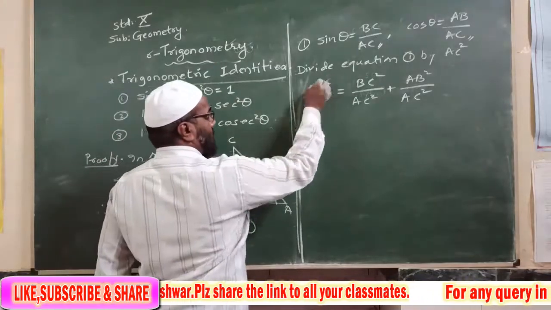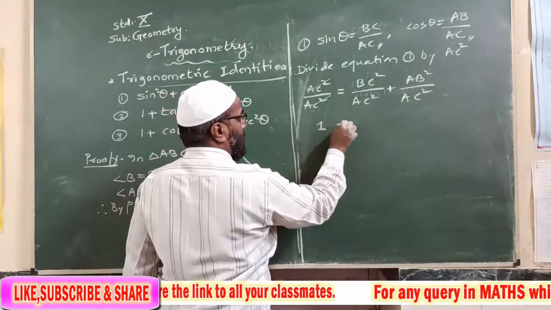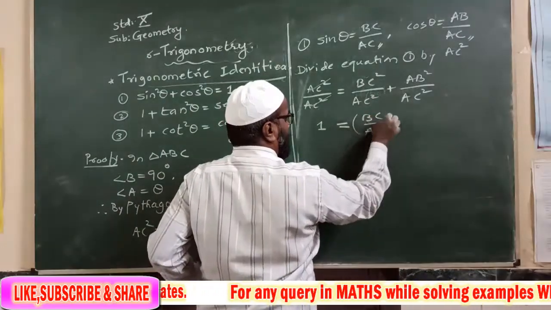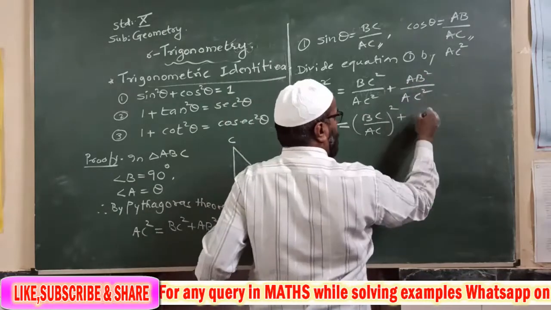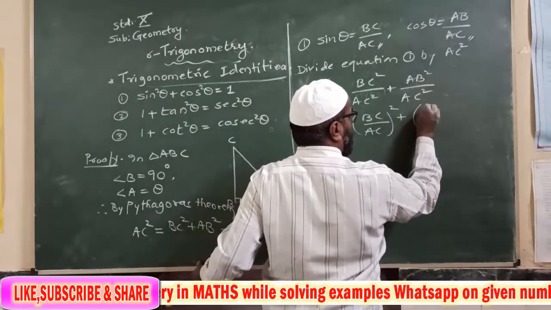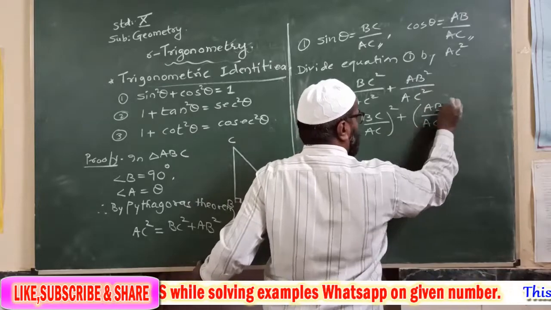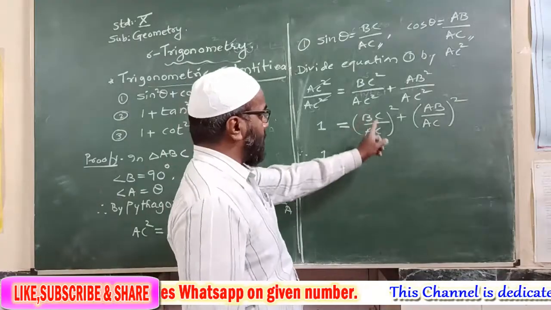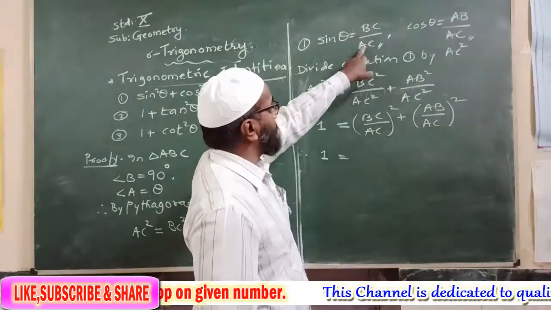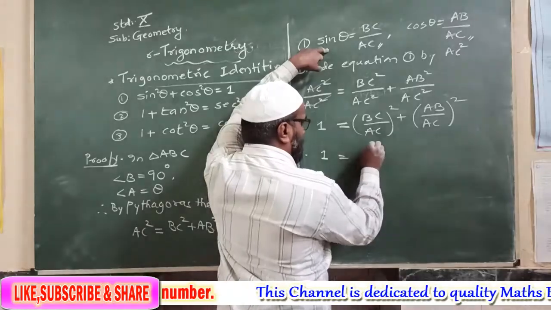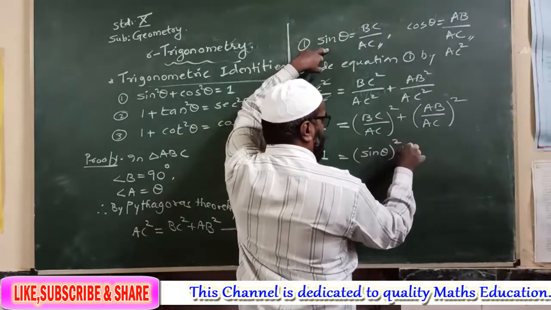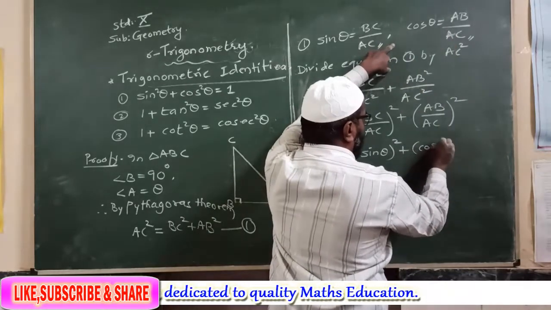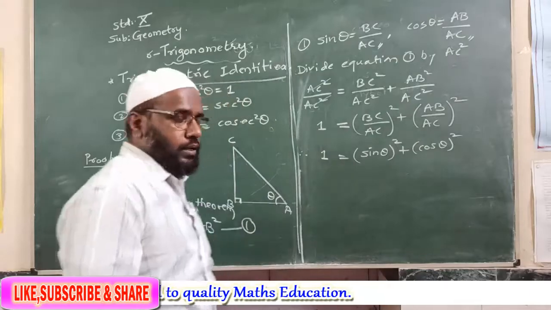So this AC square gets cancelled. Only 1 is left, which is equal to BC square upon AC square, we can write as BC upon AC bracket square, plus AB square upon AC square, we can write as AB upon AC bracket square. Therefore 1 is equal to, BC upon AC is nothing but sin theta, so we can write it as sin theta bracket square plus AB upon AC, which is nothing but cos theta, so cos theta bracket square.